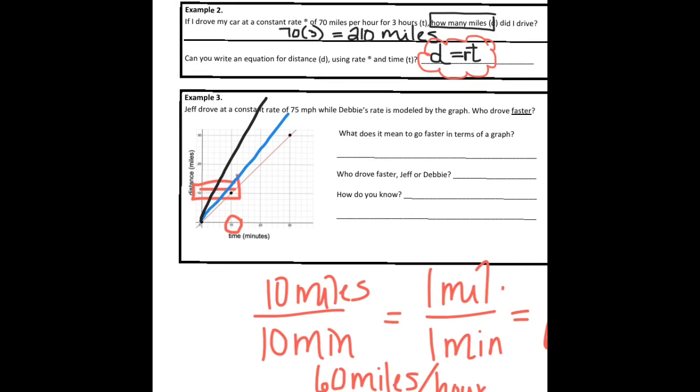So if I were to compare the 3 lines that I just put on this graph, the black car would be traveling faster than the blue car, and the blue car would be traveling faster than the red car. So what does it mean to go faster in terms of a graph? It means that you have a bigger slope. So larger slope.